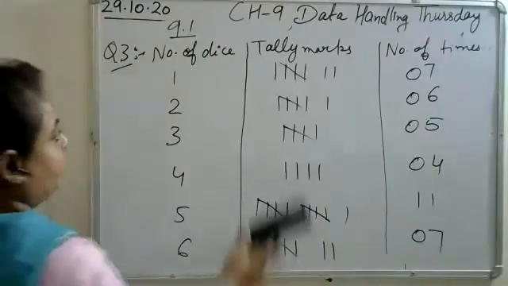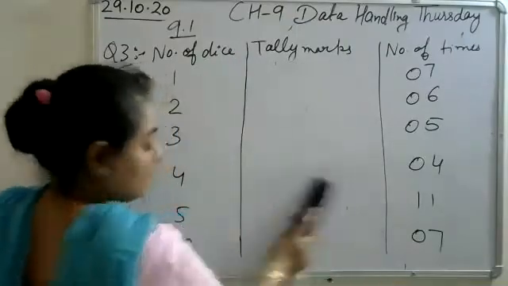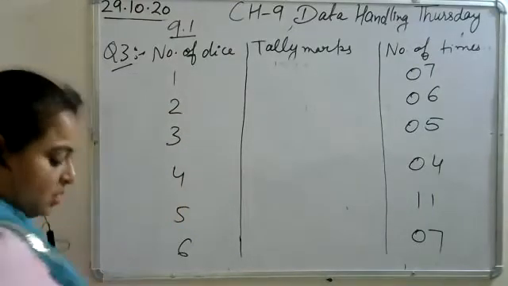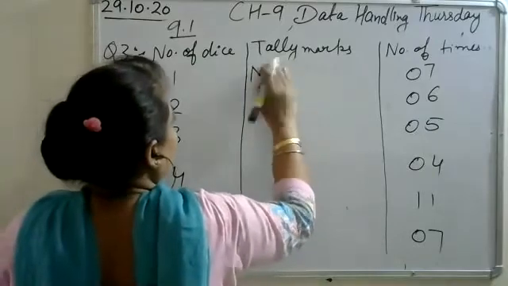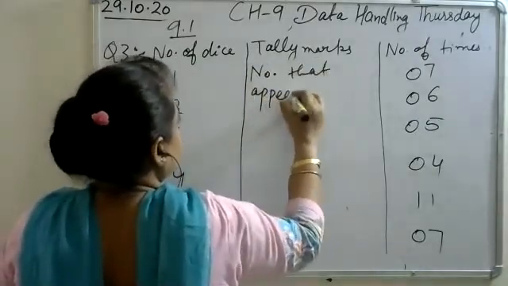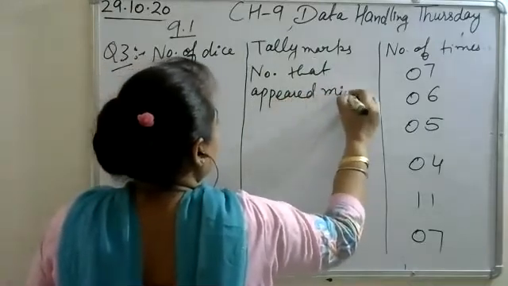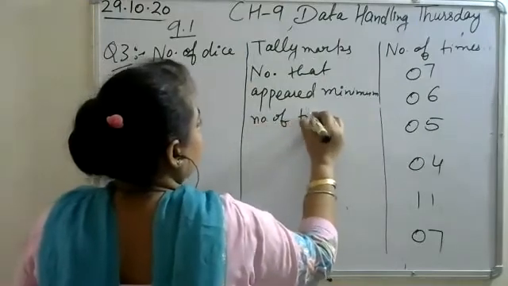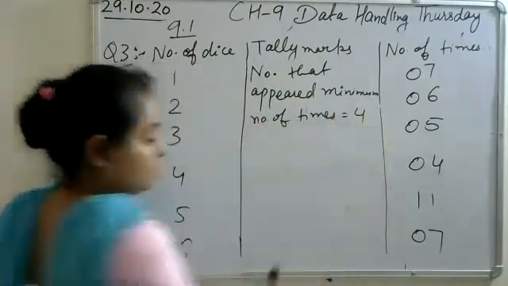Yes. So you will write: number that appeared minimum number of times is equal to 4.